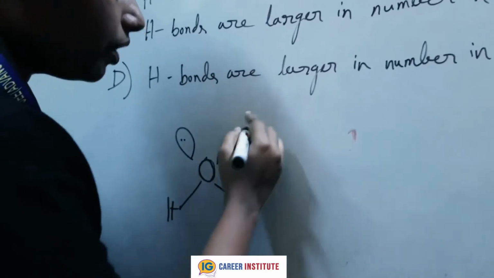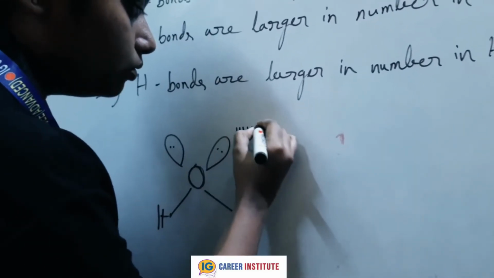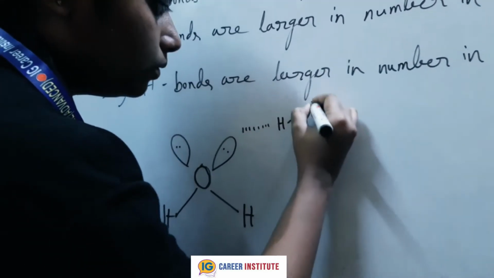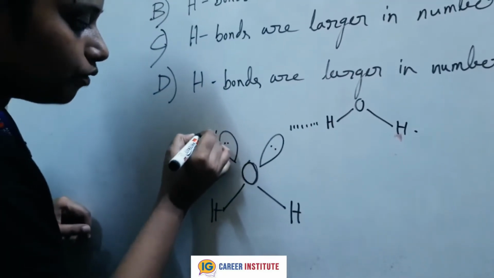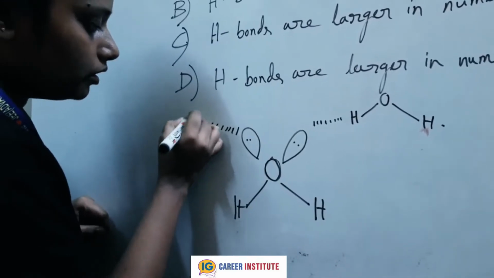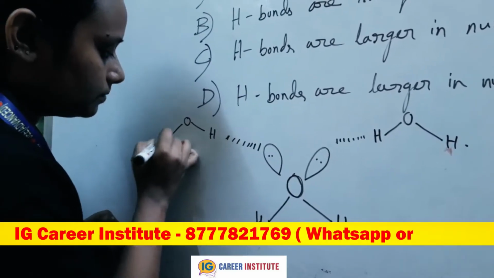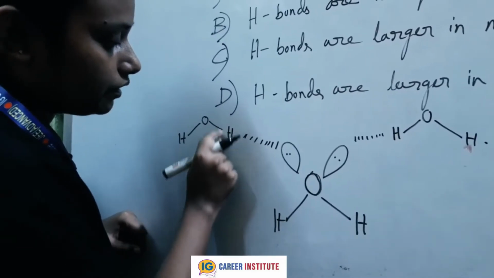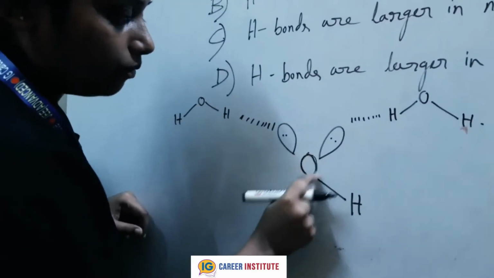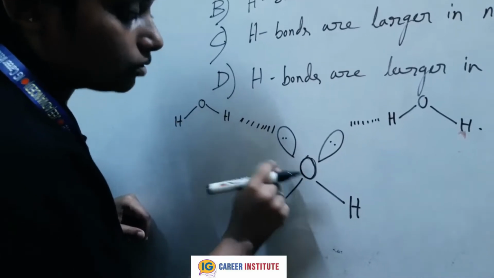With these lone pairs, it will form a hydrogen bond with another molecule of water like this. This lone pair will also form a hydrogen bond with another molecule of water like this, where the hydrogen bond is forming between the electropositive hydrogen atom and the lone pair of this oxygen atom.